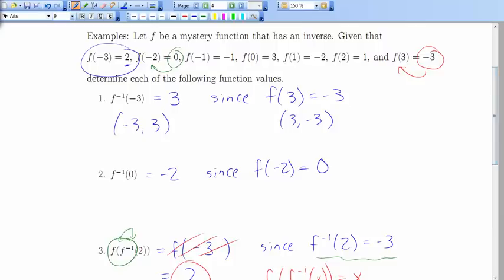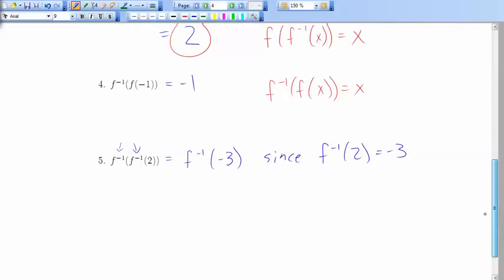Oh, actually, I guess we've done that one before too. Okay, there's f inverse of negative 3. Turns out it's 3. All right, so that's how we can calculate inverse function values. We're essentially swapping the x's and y's.